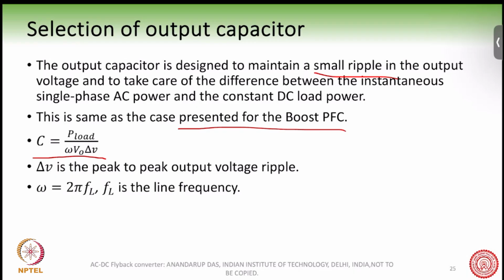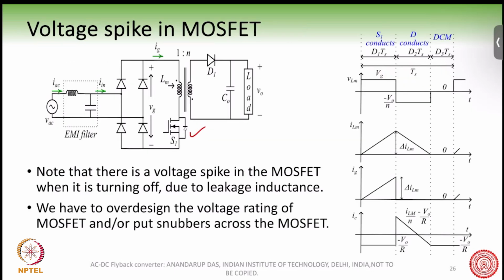One of the things that you should also keep in mind is that we had also shown in a previous lecture the voltage across the MOSFET when it is turning off. Okay, so this voltage we have shown it like this. Actually, the voltage is not like this. The voltage across the MOSFET, when it is turning on, is zero, but when it is turning off, the voltage across the MOSFET goes like this.